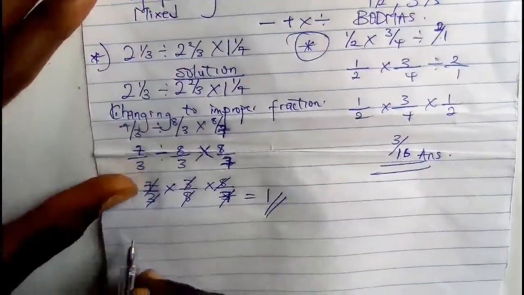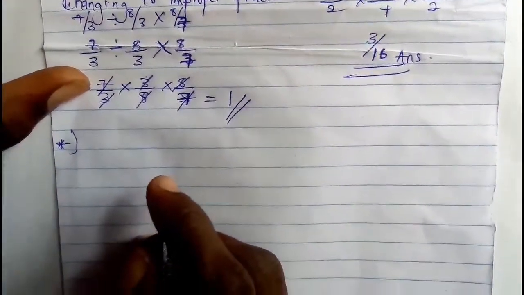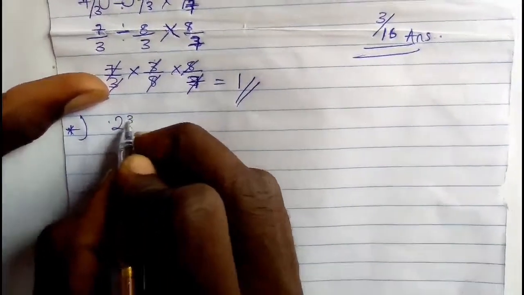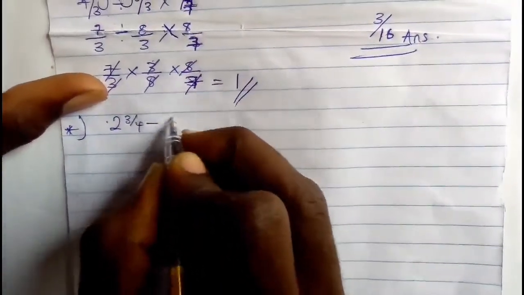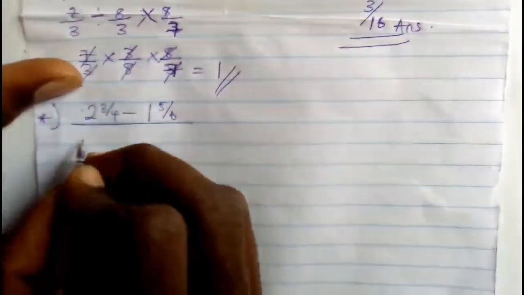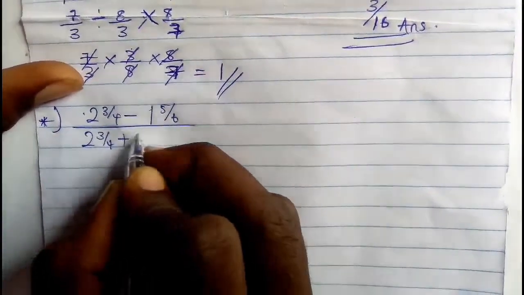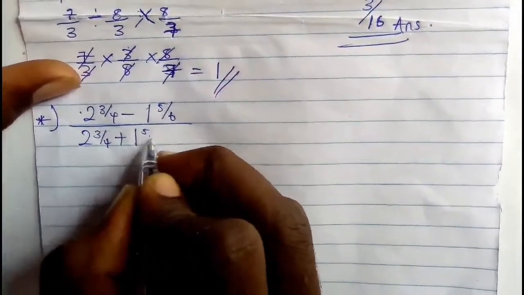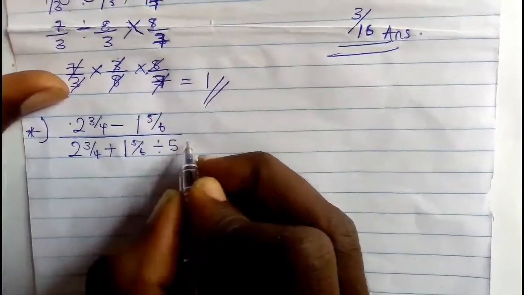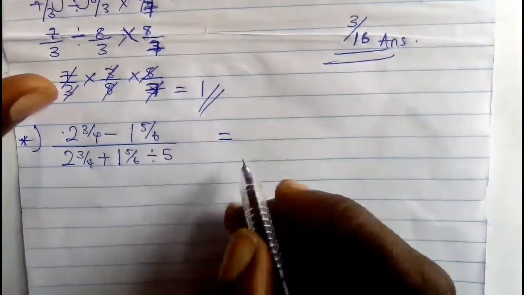So let me quickly go to the last number before I stop. Maybe you are told that 2 whole number 3 all over 4 minus 1 whole number 5 all over 6, divided by 2 whole number 3 all over 4 plus 1 whole number 5 all over 6 divided by 5.